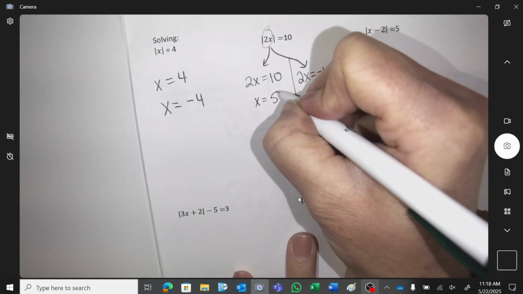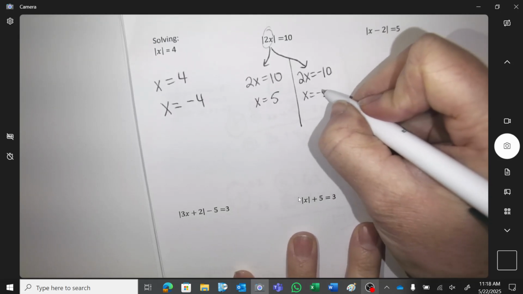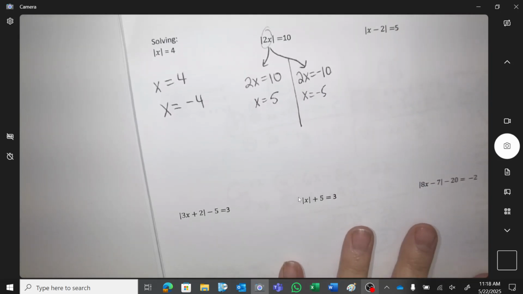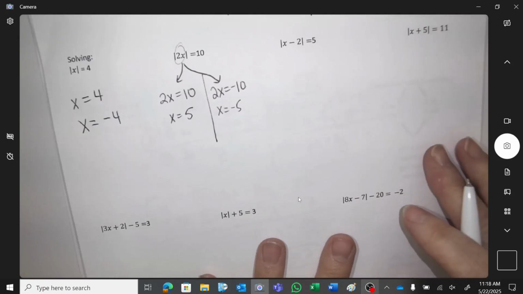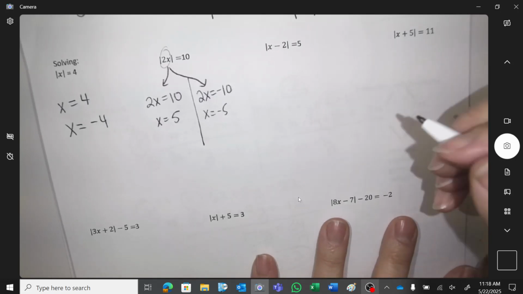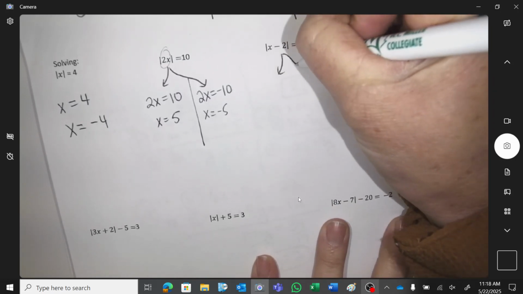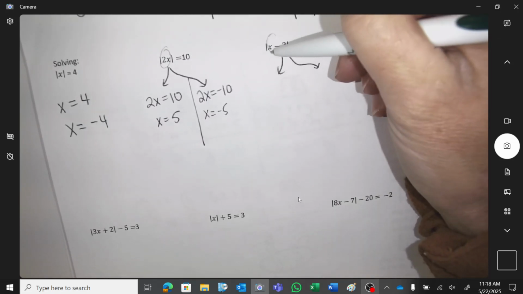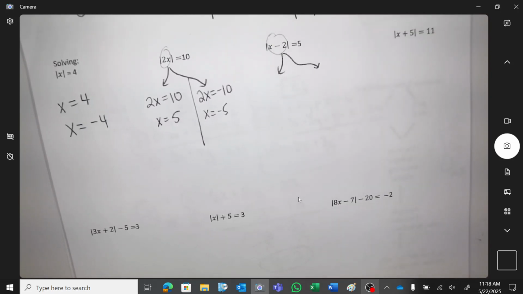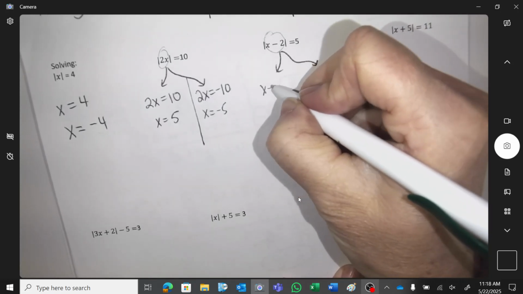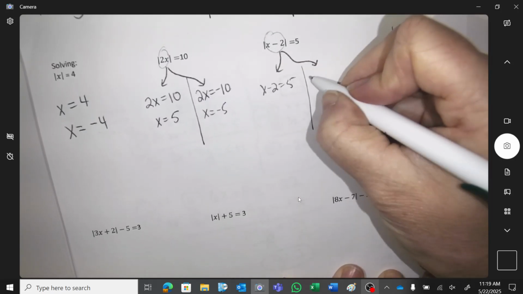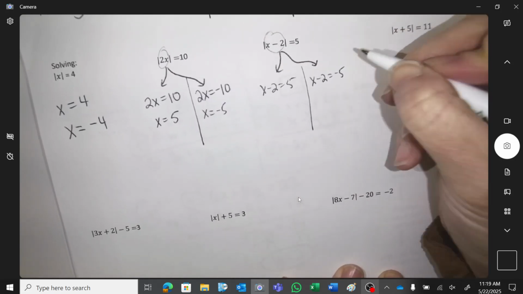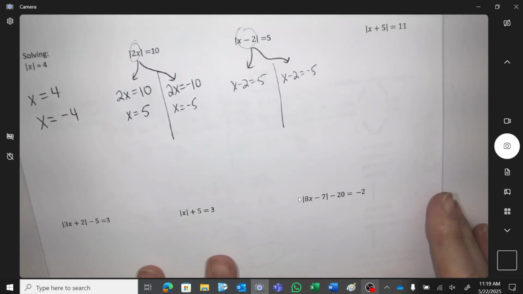So x would equal 5, or x would equal -5. Okay, we're going to split. Inside this bracket, I could have used a 5 or a -5.